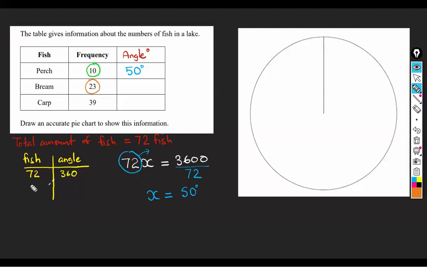The bream is 23 fish, and we want to figure out what angle that represents. So, cross multiply and solve for x. 72 by x is 72x, and 360 by 23. You're just repeating the procedure with different values. That's all you're doing.